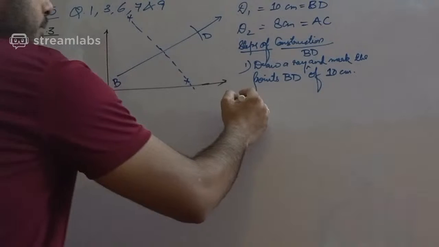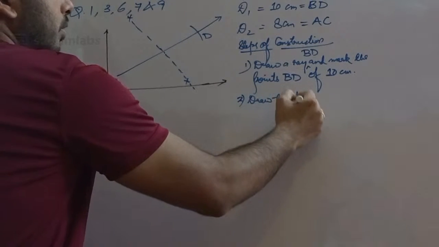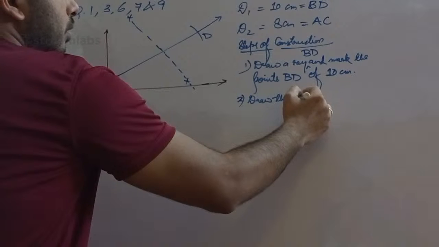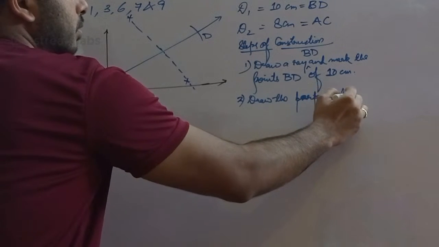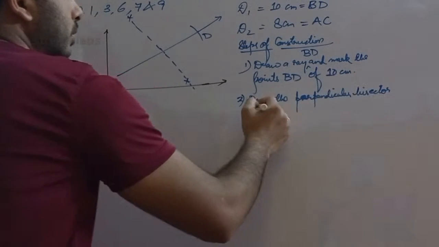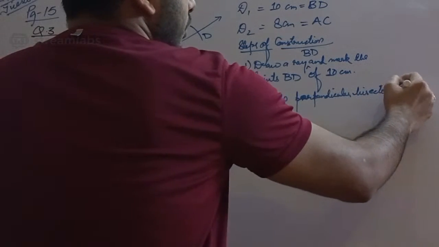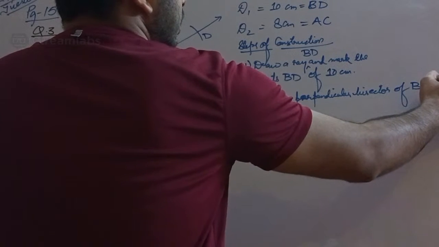Then second step, draw the perpendicular bisector of BD, which intersects it at O. I think this portion is also visible to you.